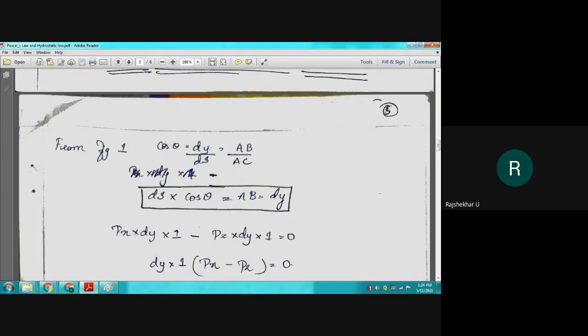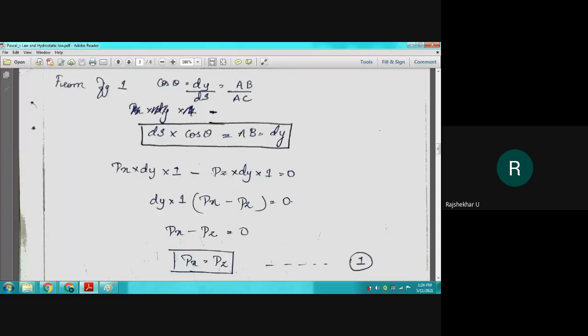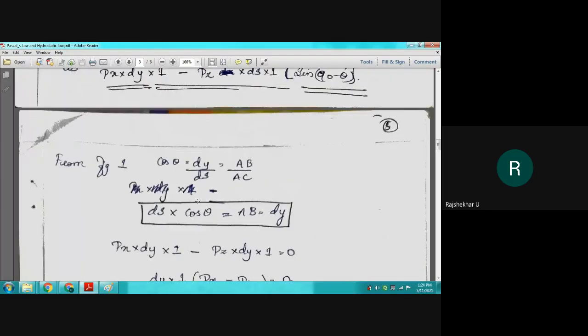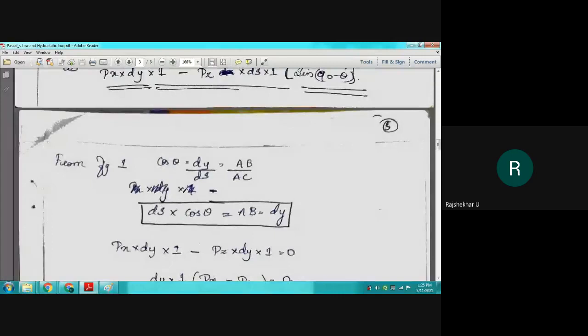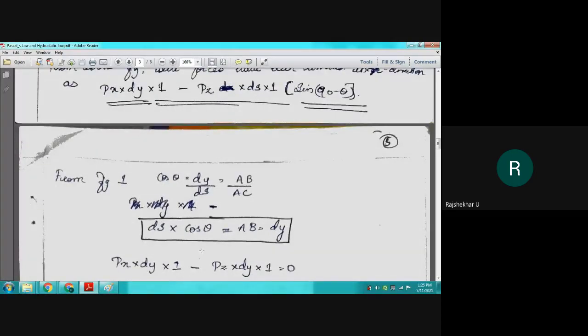Dy side is AB, ds side is AC from the figure. So all these things, sin 90 minus theta is cos theta. Further, if I substitute for cos theta as dy by ds, these things will get cancelled. Dy will get cancelled and ds will get cancelled.